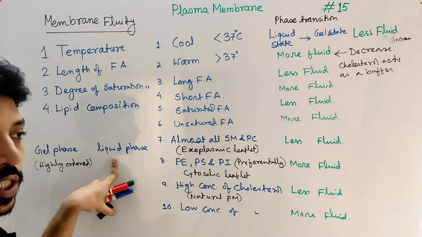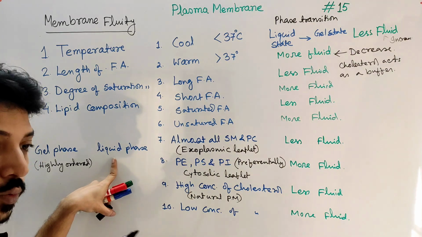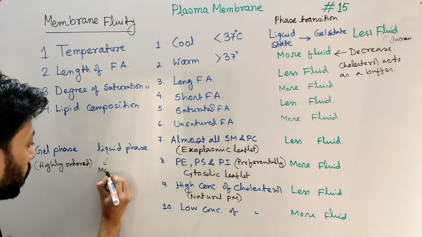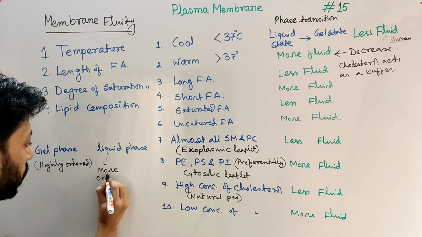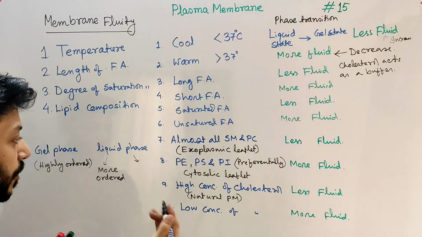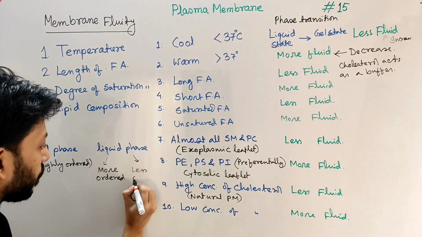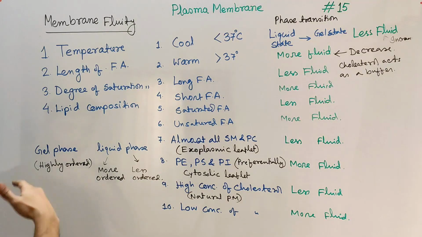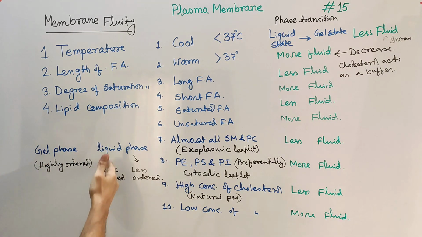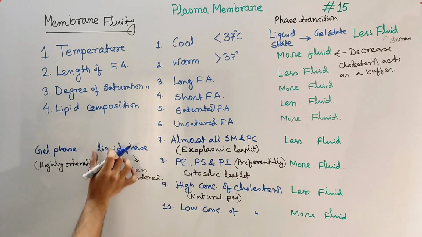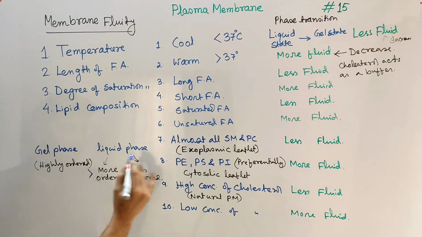But the liquid phase also has two categories. One is the more ordered liquid phase, and one is called the less ordered liquid phase. I have already mentioned this here. Now if I compare the gel phase with the more ordered liquid phase and the less ordered liquid phase, it will be like this: the gel phase is more ordered than the more ordered liquid phase, which is more ordered than the less ordered liquid phase.